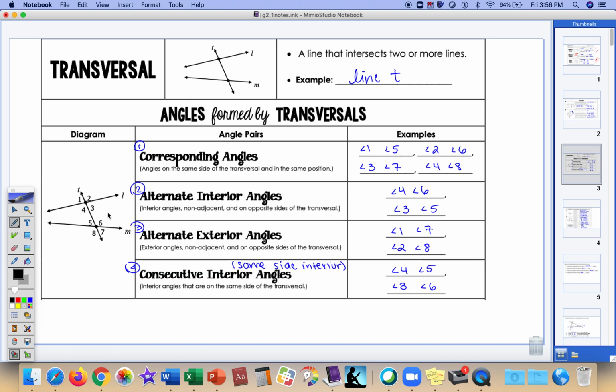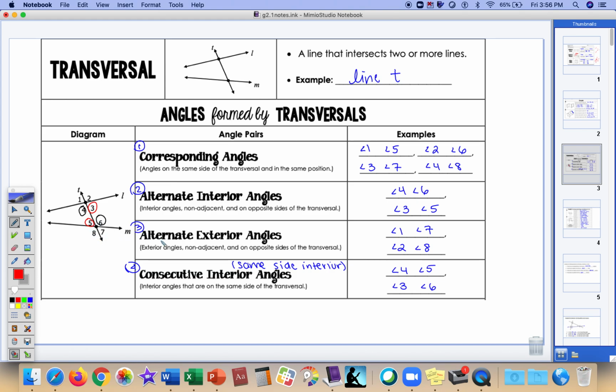So if we look at 4 and 6, they are alternate interior angles. They're on alternate sides of the transversal, and they're inside the lines L and M. And then there's 3 and 5. Again, they're on alternate sides of the transversal, and they're on the interior.